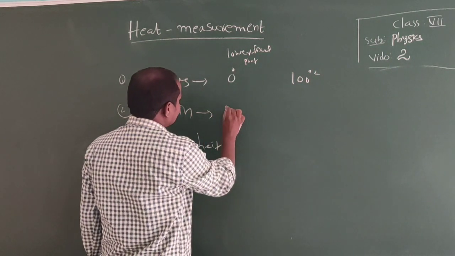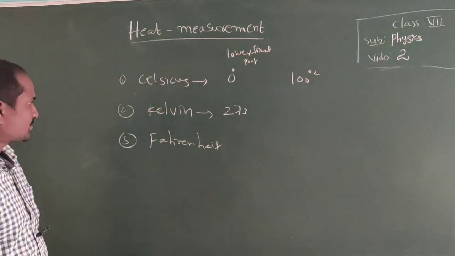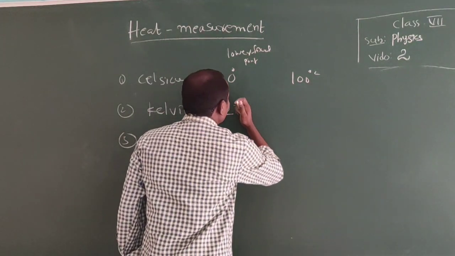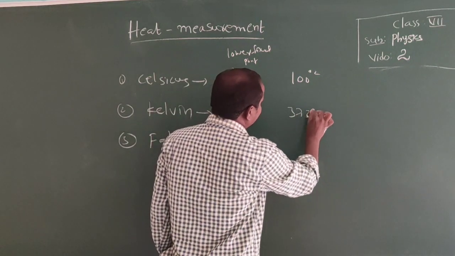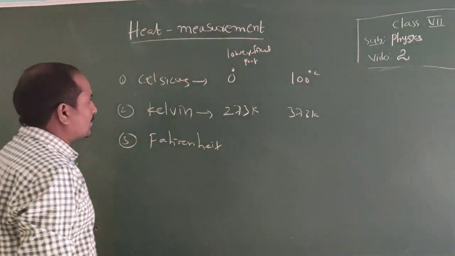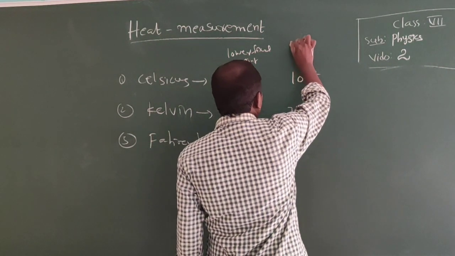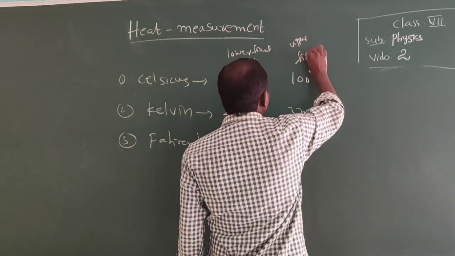In Kelvin, 273 K is the lower fixed point, that is nothing but the ice point. 373 K is the upper fixed point in Kelvin, which is equal to the boiling point of water.